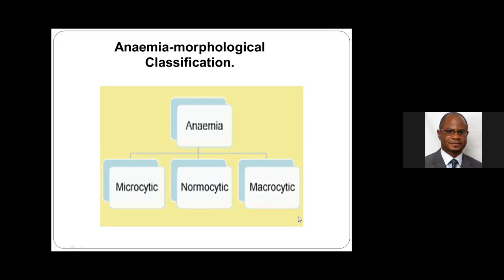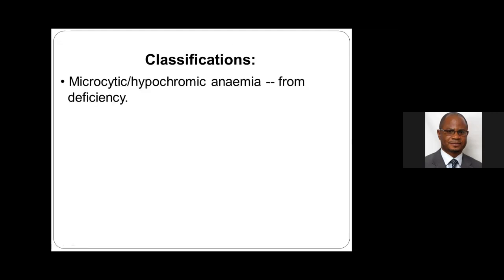You can throw in the staining, and then you have microcytic hypochromic, normocytic hypochromic or normocytic normochromic, macrocytic hypochromic, meaning size and staining. So how the cells look in terms of size and how they stain. So the chromasia is the staining characteristics. Then the cytic is the size. In fact, cytic is actually cell. So micro is small, normo is normal, and macro is larger.